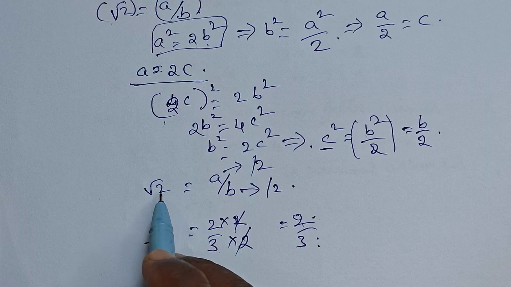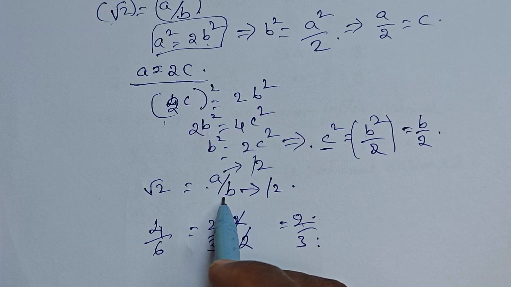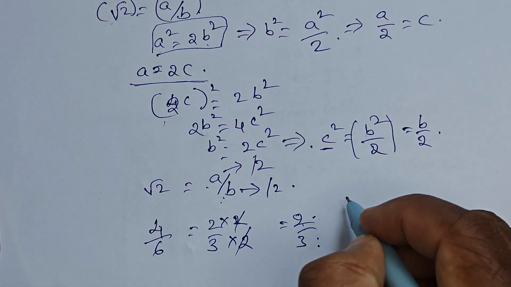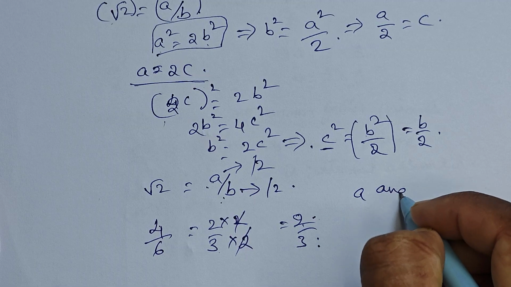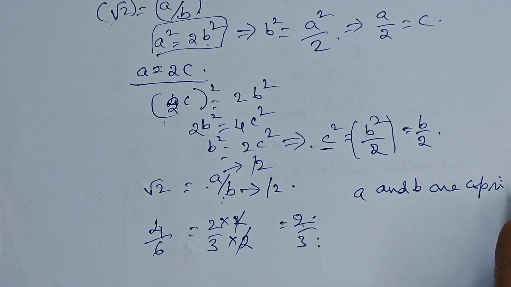Similarly here, when you are writing root 2 as a by b, a has prime factors, b has prime factors, and they both should not have any common prime factors because they get cancelled. That is called a and b are co-prime.